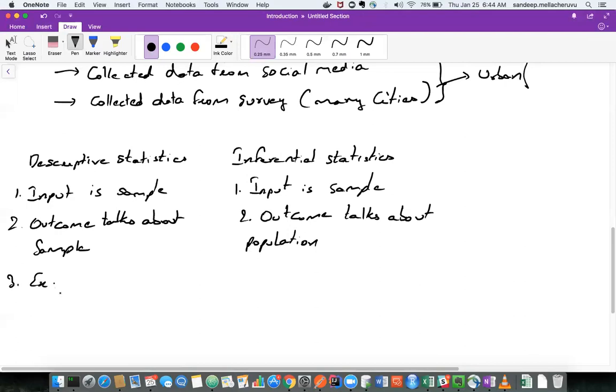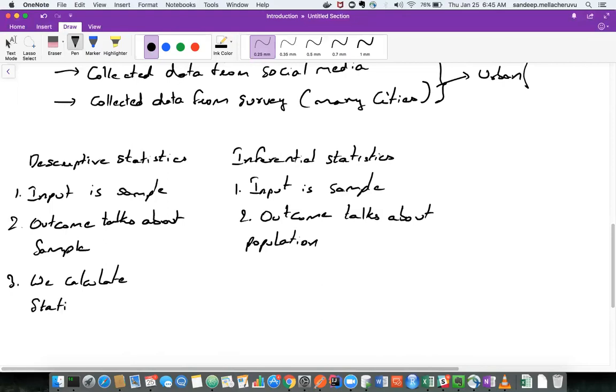And let me give some examples about descriptive statistics, or before that, whatever we calculate is called a statistic here.